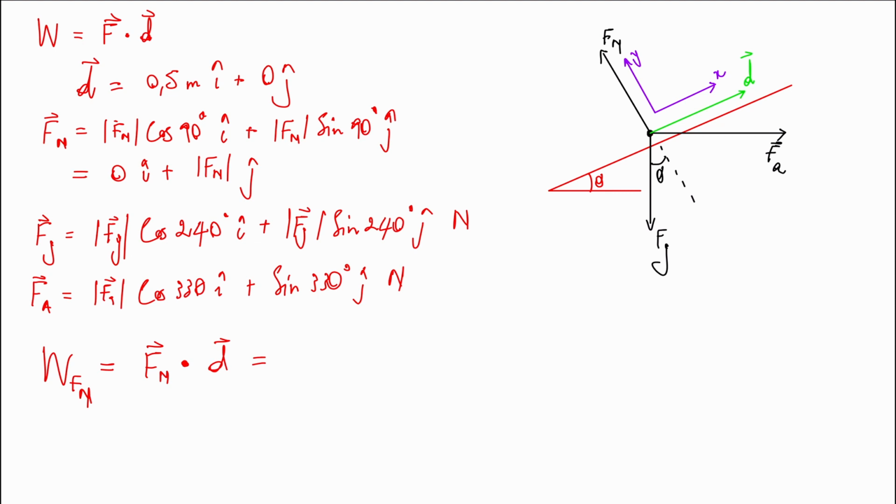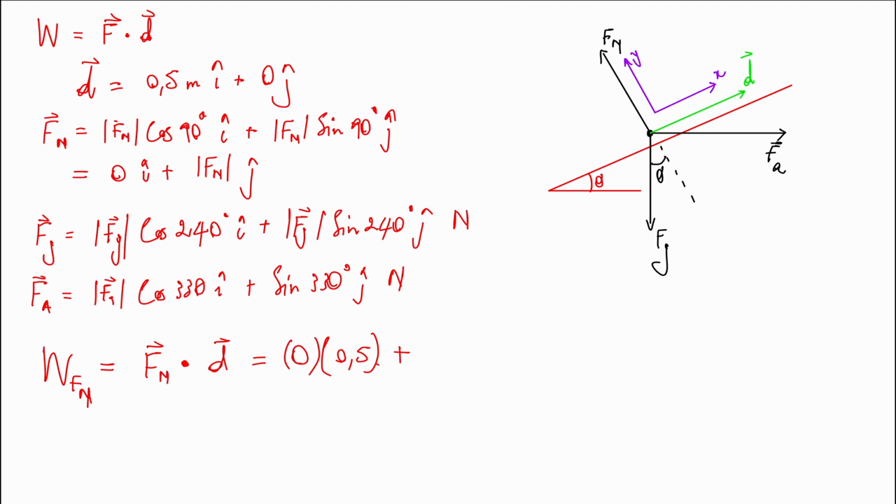What is the x component of our normal force? That's 0. So this is going to be 0 multiplying the x component of our displacement vector. But what is the x component of our displacement vector? That's 0.5. And now we're going to add the products.